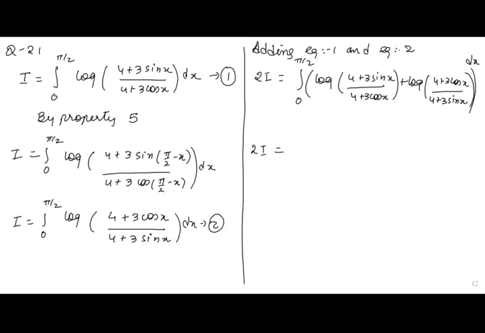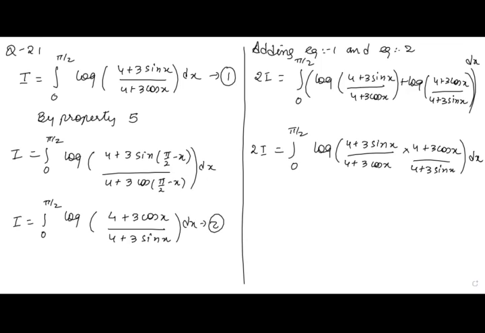Now we'll apply the property of log. If I want to take common log, then as these two logs are in addition, I will take common log and will multiply them. Right, so we'll multiply. And this will get cancelled out, and this will get cancelled out.